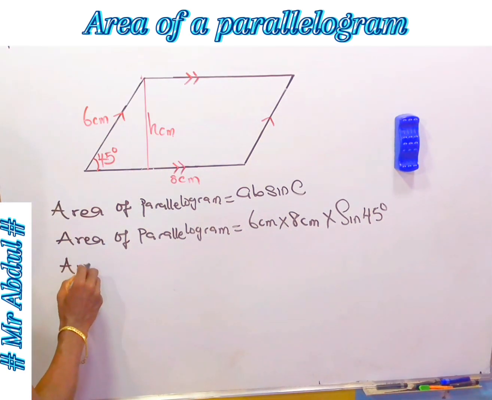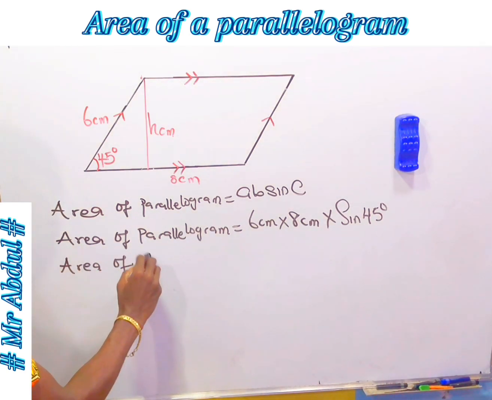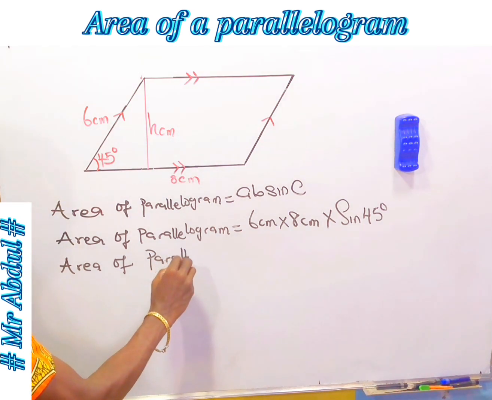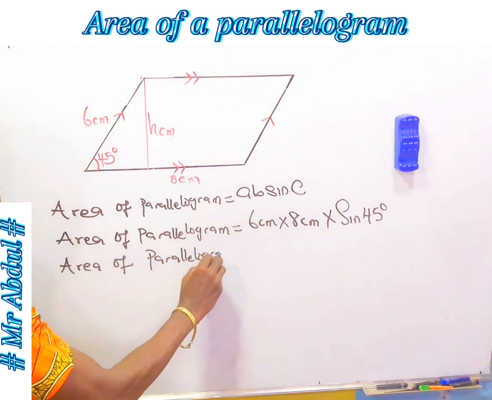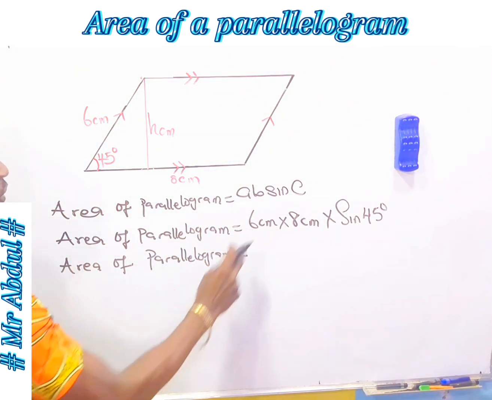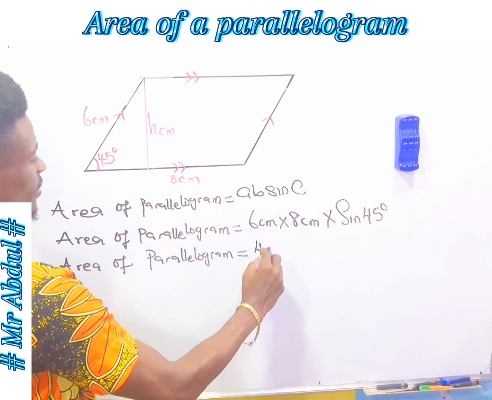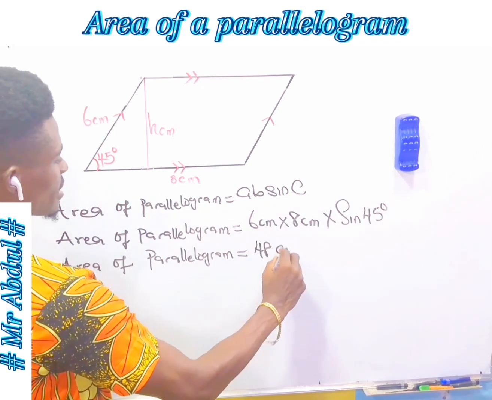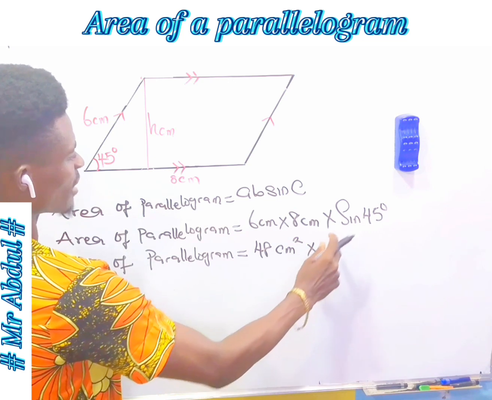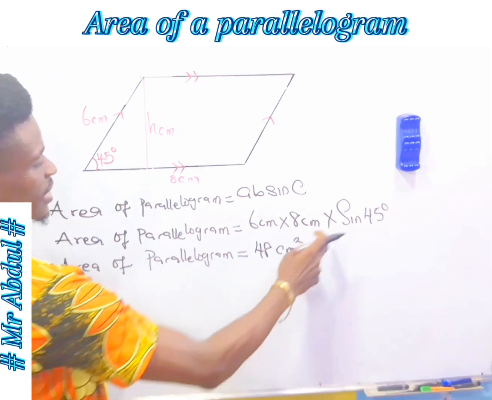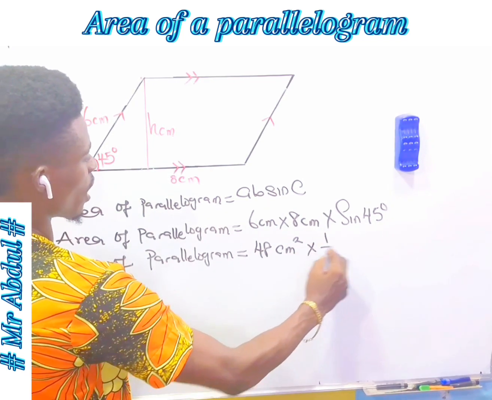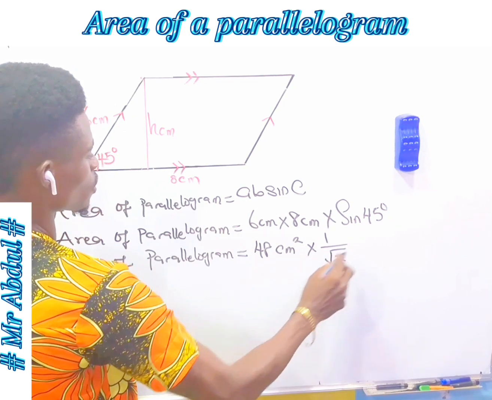So the area of parallelogram will be equal to 6 times 8 is 48 centimeter times centimeter is centimeter square, multiplied by sine 45. Don't forget, sine 45 is 1 over root 2.